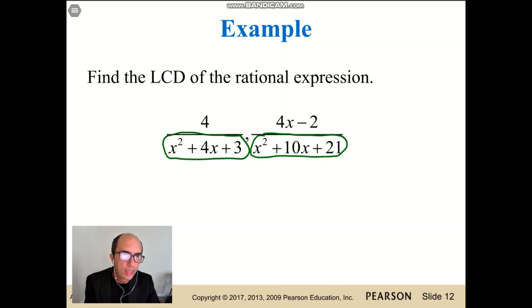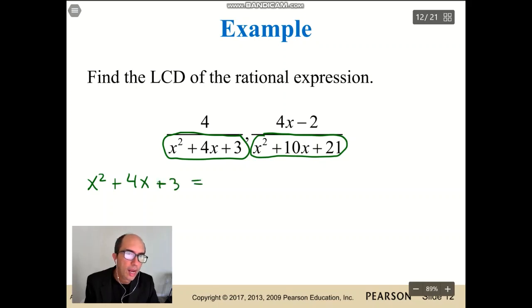Let's write down here each one, x squared plus 4x plus 3, and we need to factor it out. And remember, to factor it out, we need to find two numbers that multiplied is equal to 3 and the sum is equal to 4.